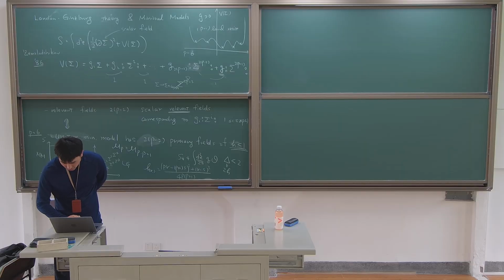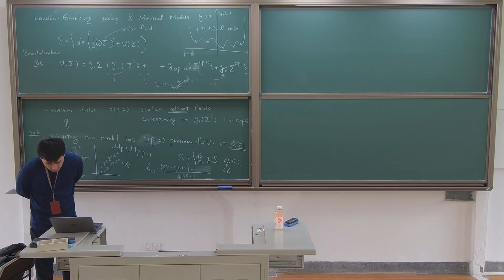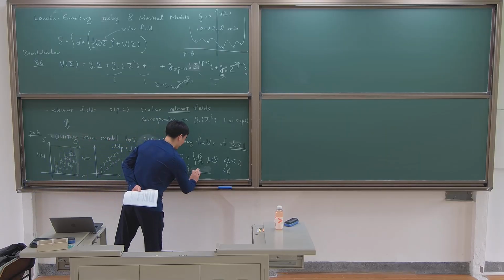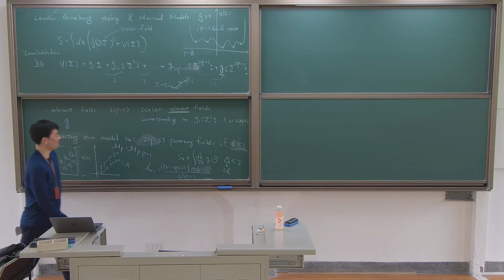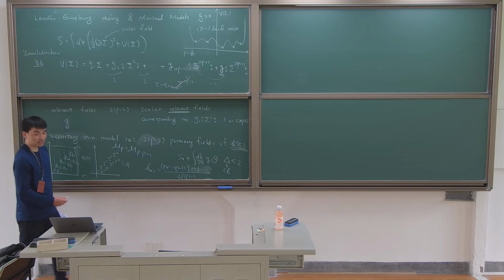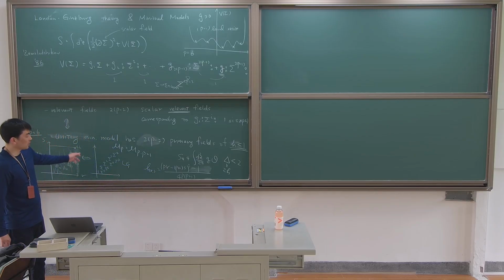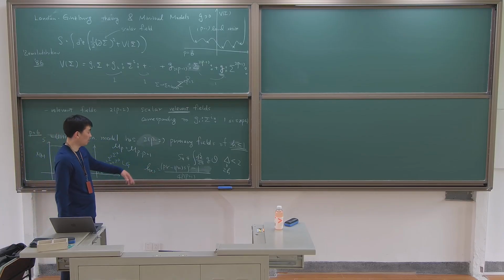Sorry, no, it's not true. This is just one, and then this is minus. This is the conformal dimension of the corresponding primary field, the formula for the unitary one. If you compute this, you can see that it is less than 1.